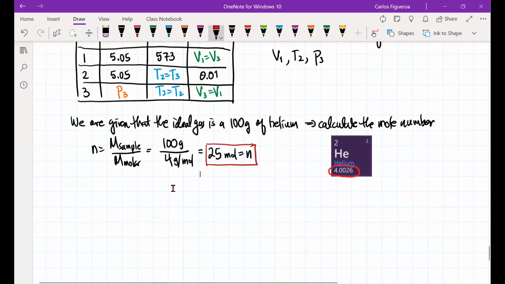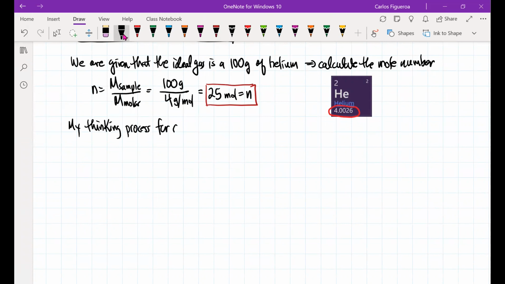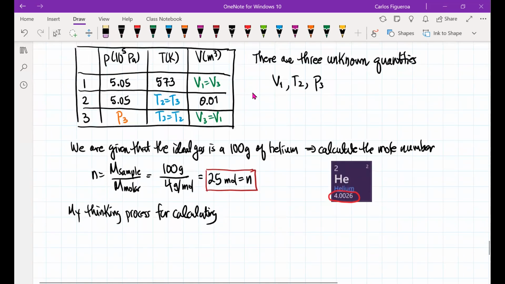So here's my thinking process for calculating the 3 things: V1, T2, P3.